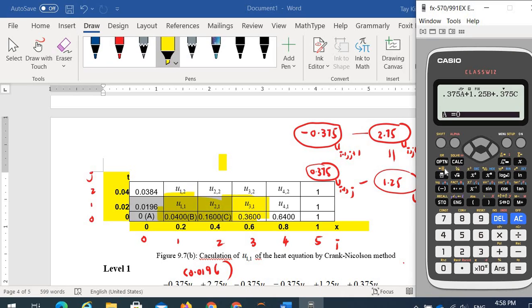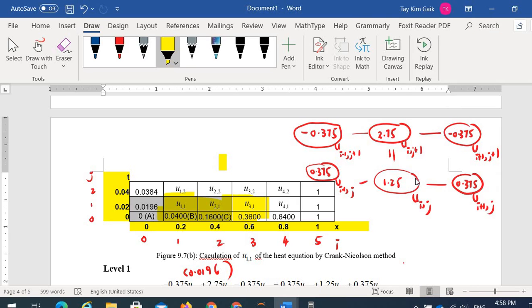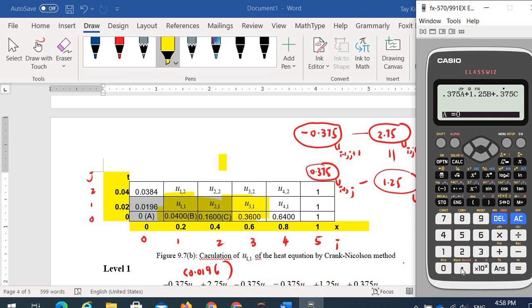So we calculate again. Now A is here. From 0, the A moves to here. This will be A, B, C. So A is 0.04. B is 0.16. C is 0.36. Here you don't have a boundary condition, so we equal.